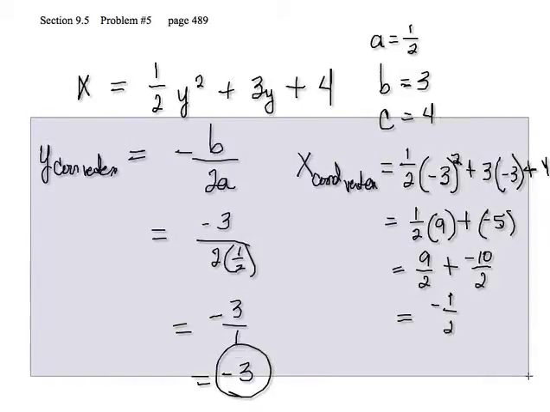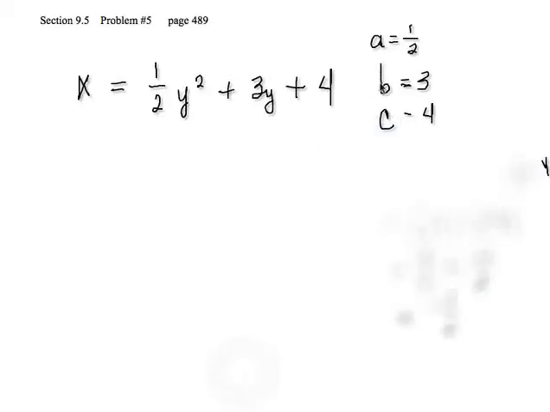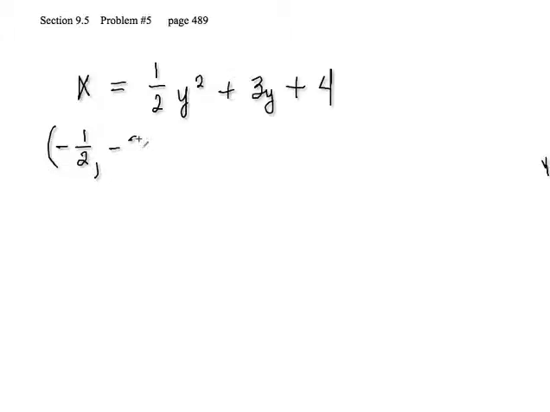All right, so let's go ahead and erase that. So what did I say? x is -1/2. When x is -1/2, y is -3. This is the vertex.